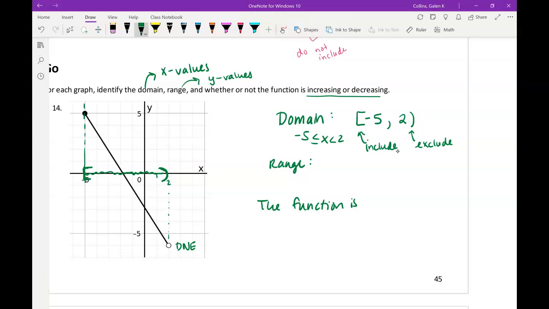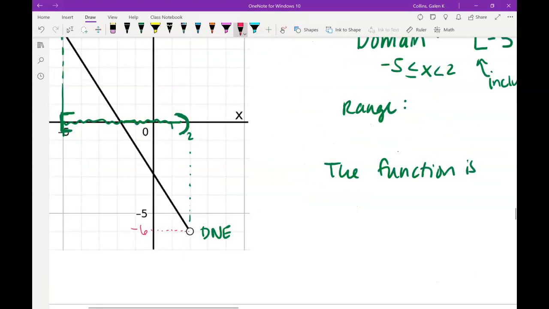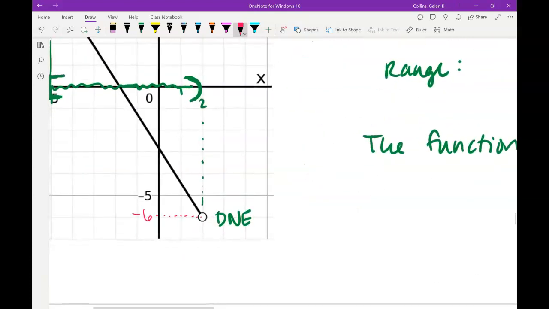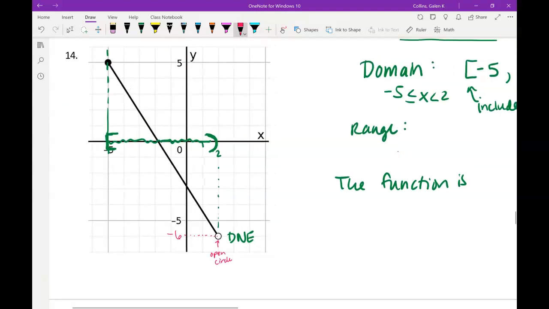All right, so for the range, same idea. I want to go from my min to my max, but remember, when x equals 2, this function doesn't exist here. So this function never actually becomes -6 because that is what we call an open circle on the end of it. So it's not closed. So I won't actually have -6.